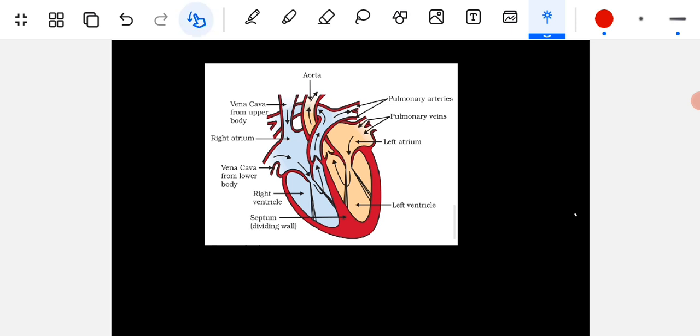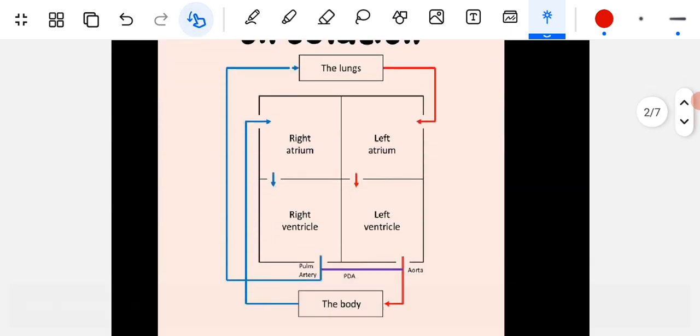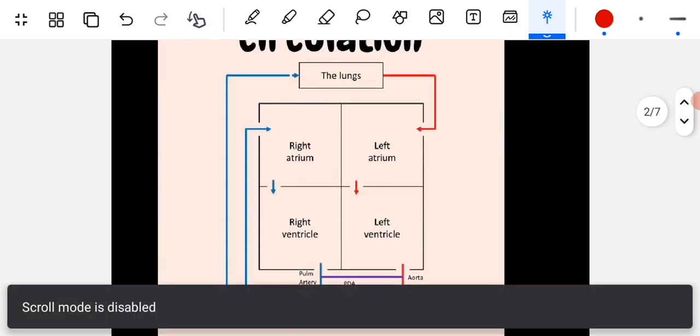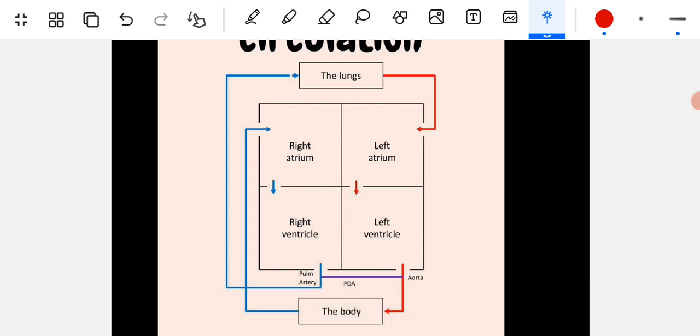First we will study the simplified diagram of the heart.